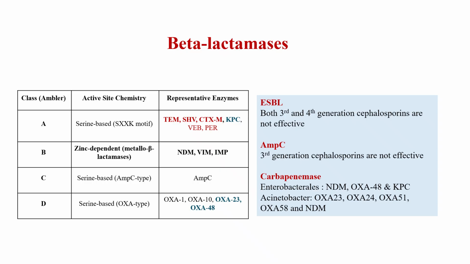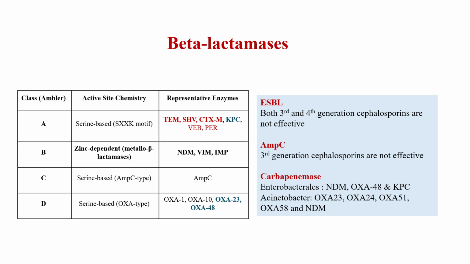So these are the different extended spectrum beta-lactamases, and this is the AmpC beta-lactamase. There are some enzymes which will break carbapenems. Among class A, there is something called KPC, which is a carbapenemase that will break the carbapenem.